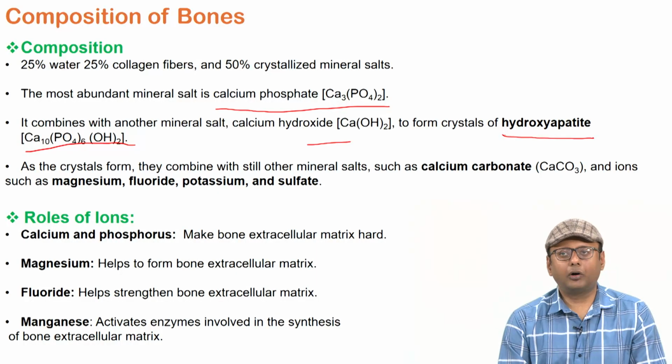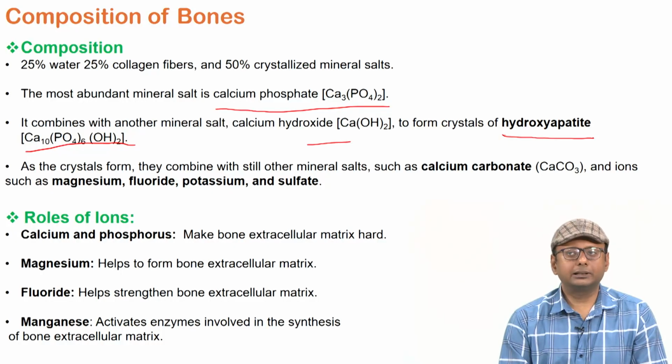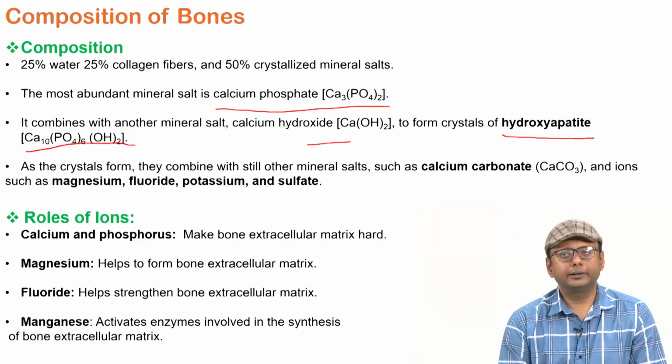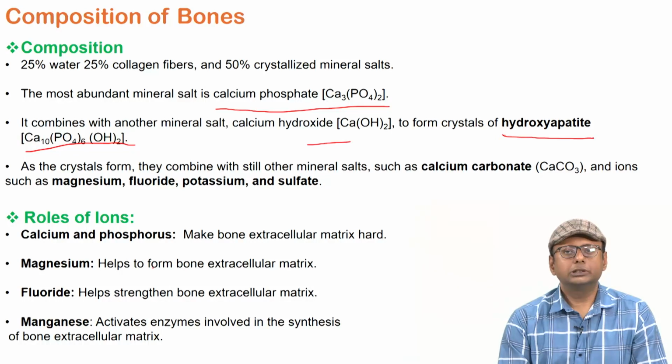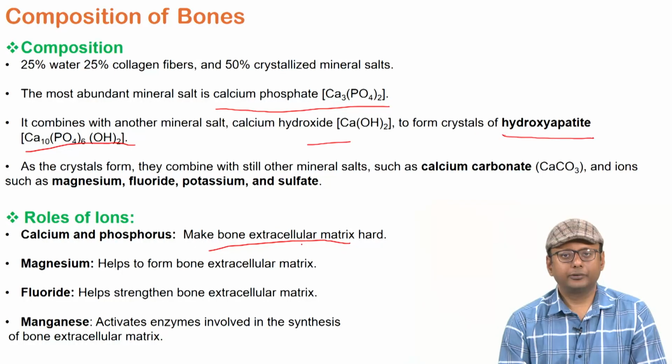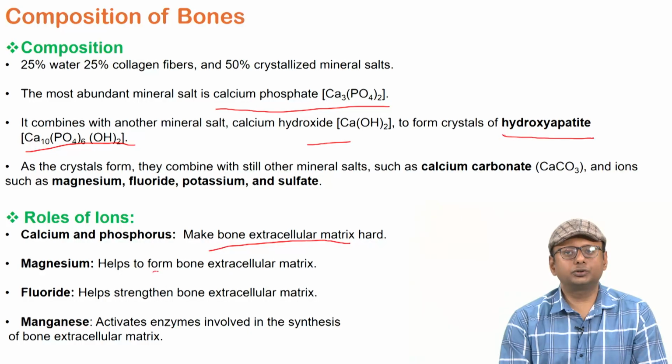As a crystal form, they combine with other mineral salts like calcium carbonate, magnesium, fluoride, potassium and sulfate. We also need to know the roles of these. Calcium and phosphorus make the bone extracellular matrix hard, making it stronger and harder. Magnesium helps to form the bone extracellular matrix.